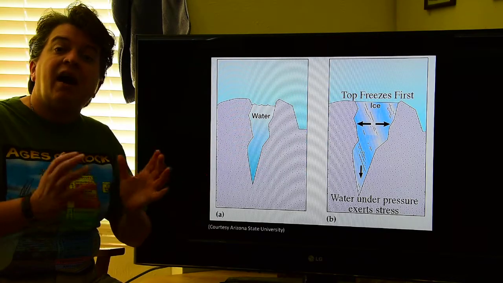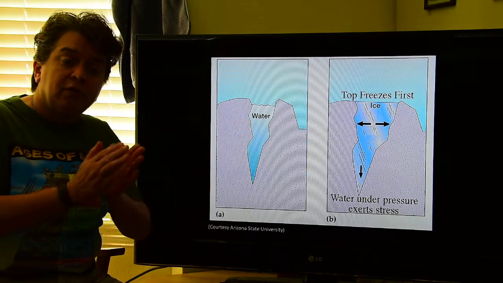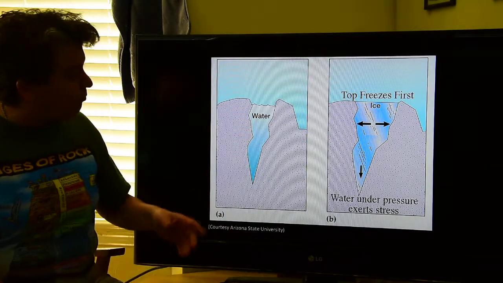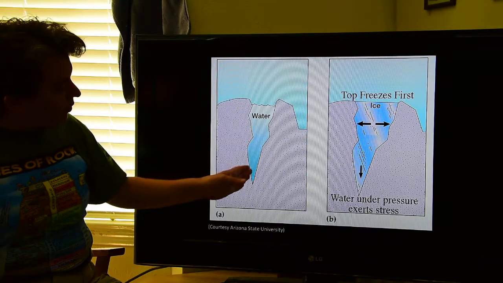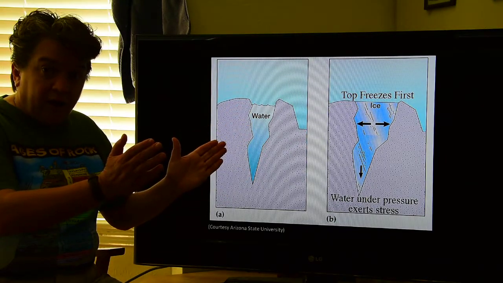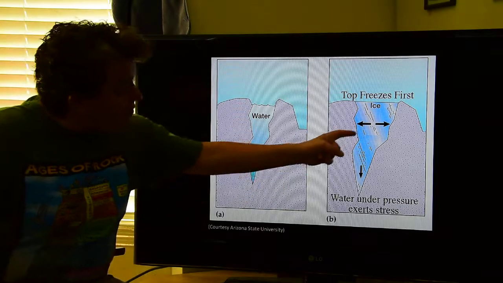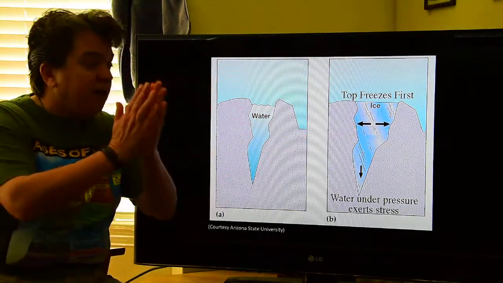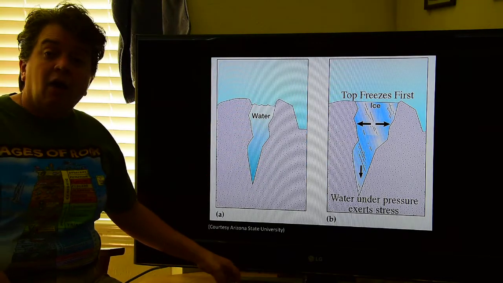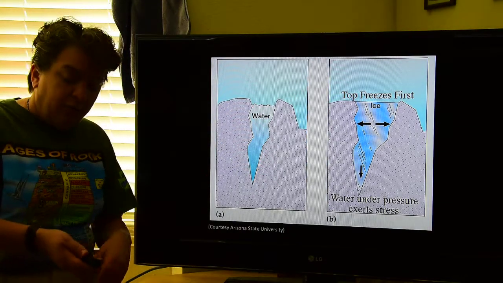It gets about 9% bigger when it goes from liquid to solid, and that has to do with the way the water molecules are. But anyway, if you have a little crack in rock and it freezes and this ice then expands, it's going to exert a force that will start splitting that crack wider and wider, and ultimately could break the rock.